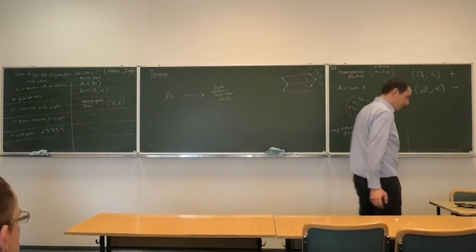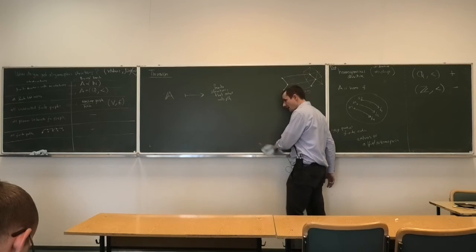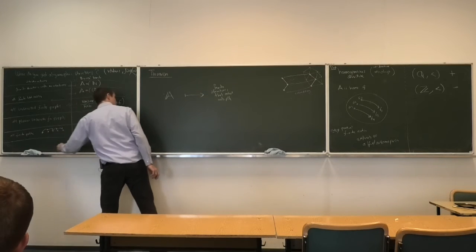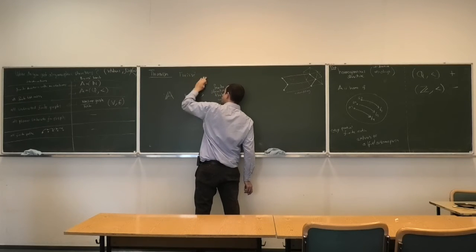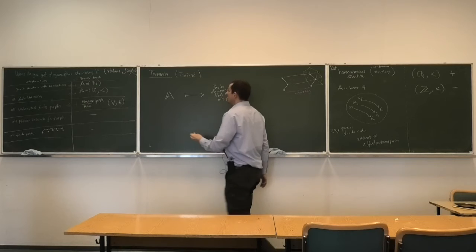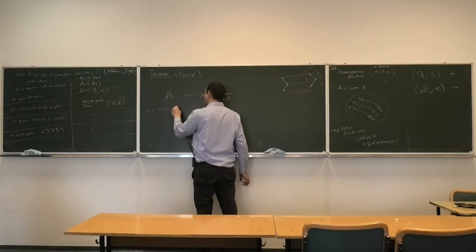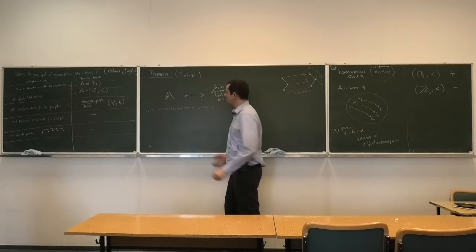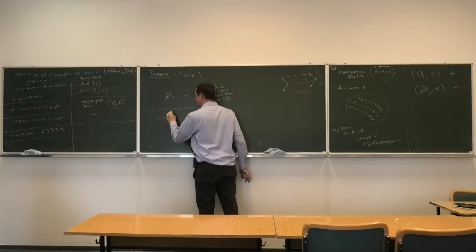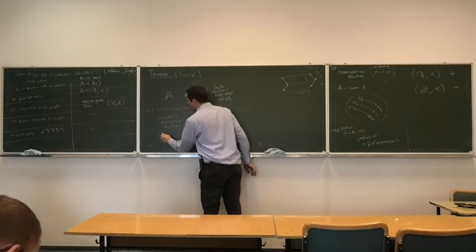And it turns out, what the theorem says is, this is the Fraïssé theorem. There is a one-to-one correspondence between, on the one hand, countable homogeneous structures, up to isomorphism.